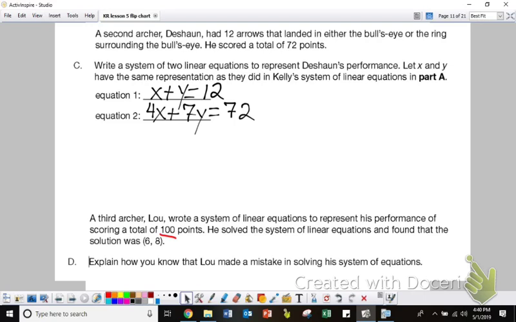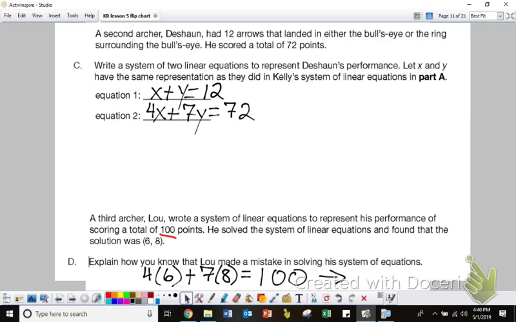So I have 4 times the 6 plus 7 times the 8 is supposed to equal 100. 4 times 6 gives us 24, and 7 times 8 gives us 56.